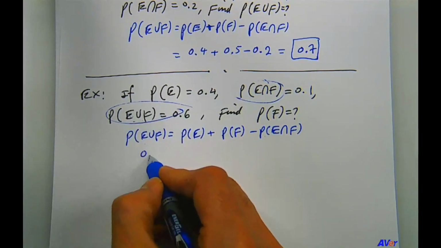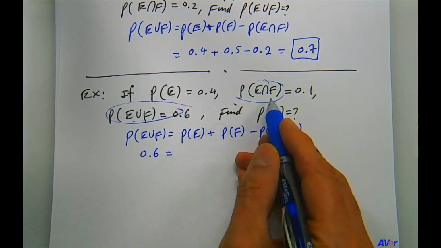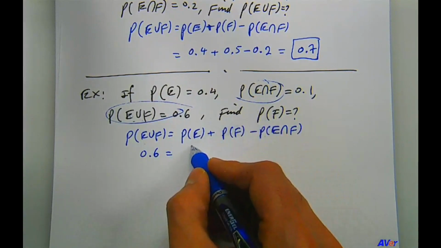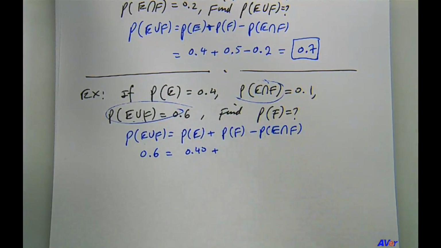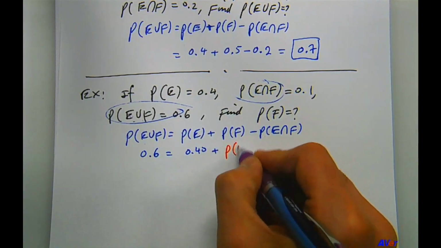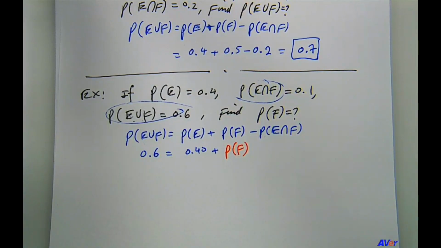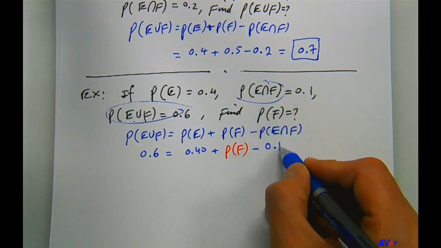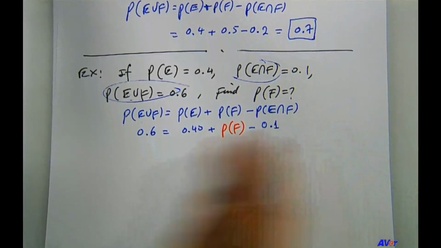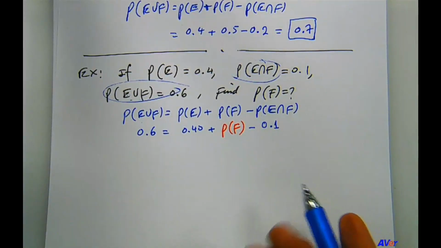So the union is 0.6. Probability of E, we are given as 0.4 right there. Plus probability of F is not known, so I'm just going to keep it that way, minus probability of E intersection F, which is 0.1. Okay, so this becomes an algebraic problem, right?